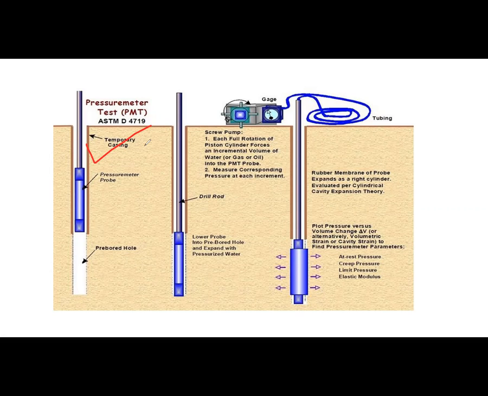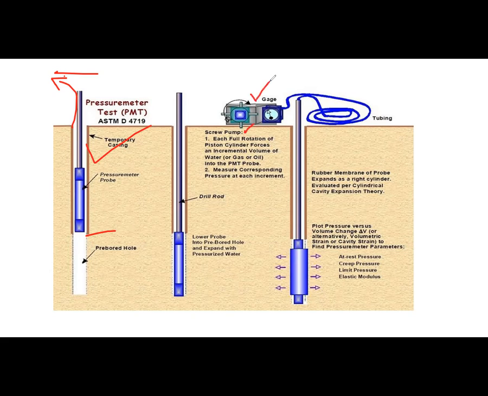It isn't permanent. It is a temporary casing, because if we provide a casing to the borehole throughout its depth, we are not able to find out what the ground condition actually is. So it is only up to this particular point.